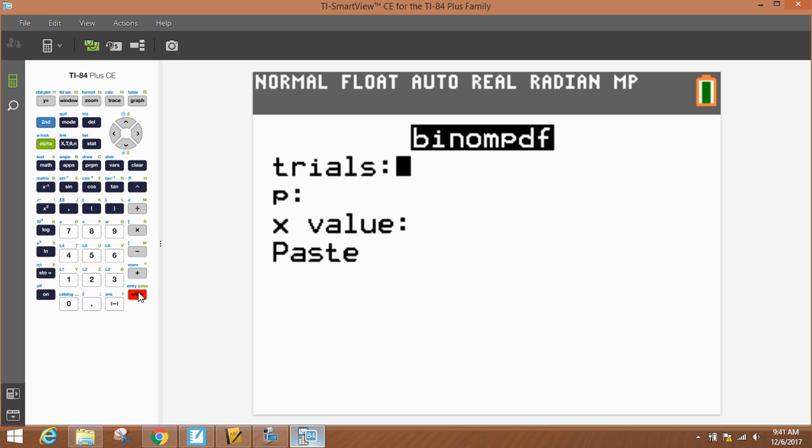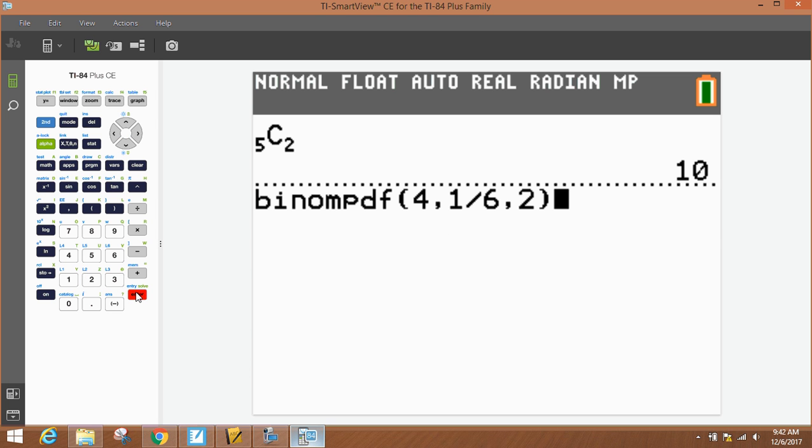So it asks for n, p, and k, right? And n was 4, p was 1/6, and k was 2, right? Enter.